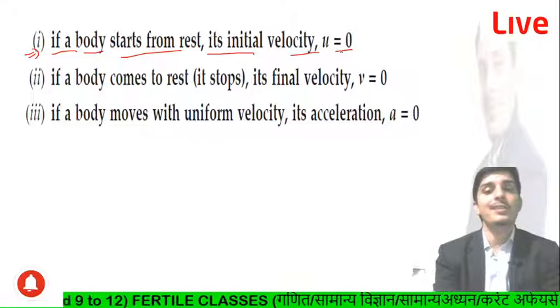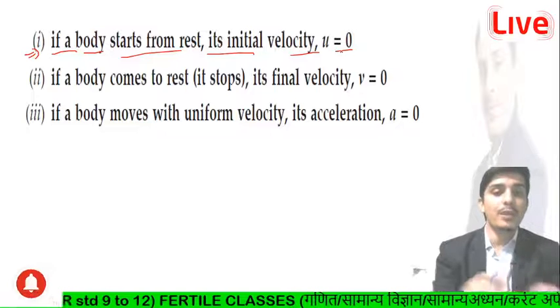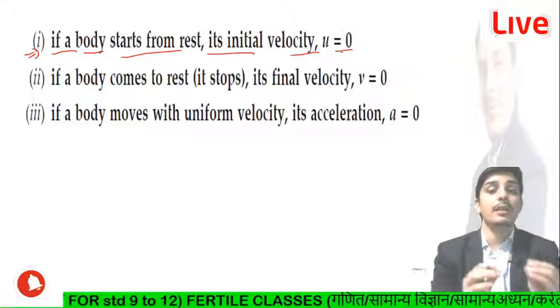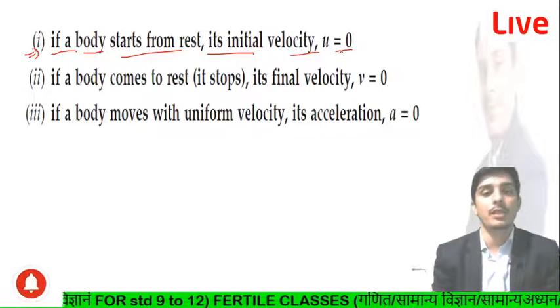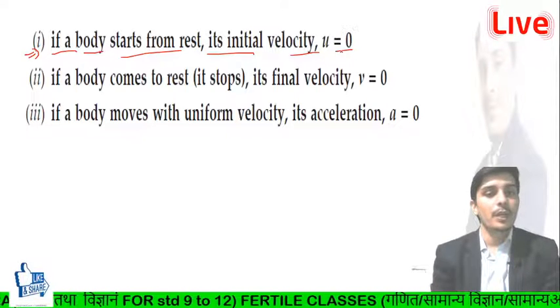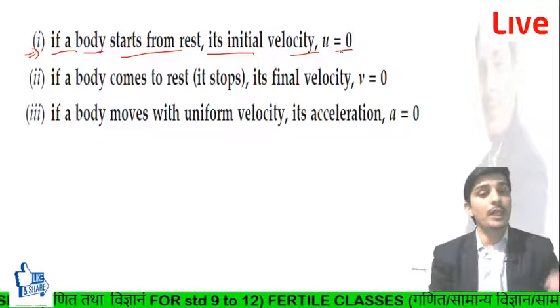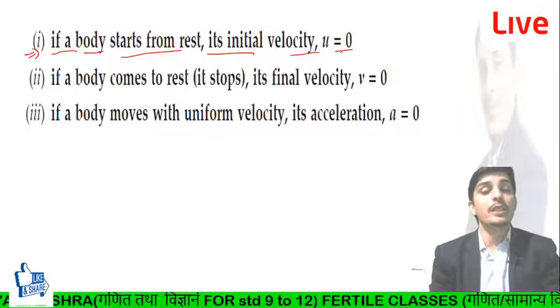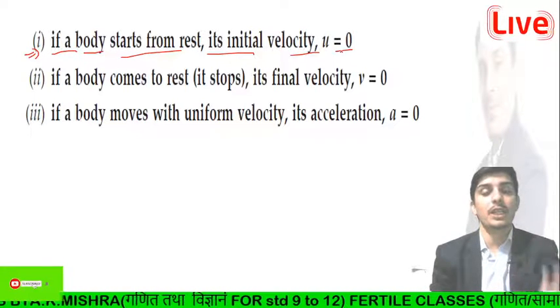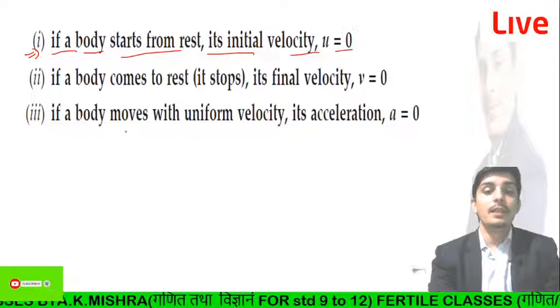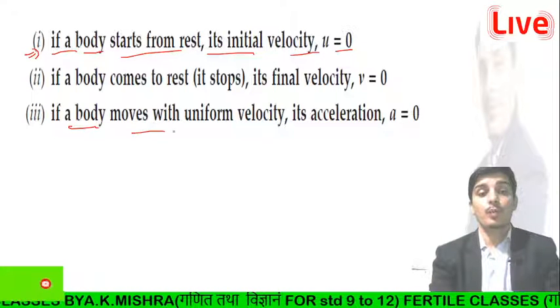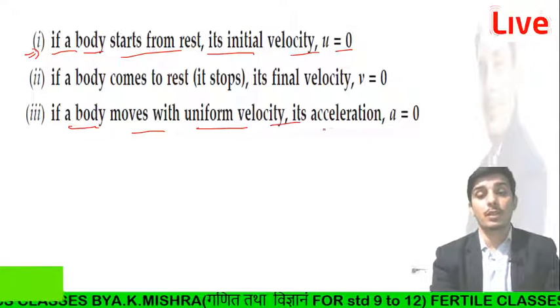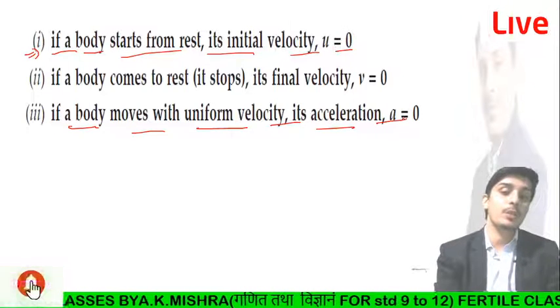If a body comes to rest and stops, its final velocity will be 0. And if a body moves with a uniform velocity, its acceleration will be 0.